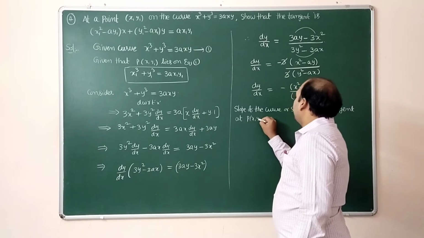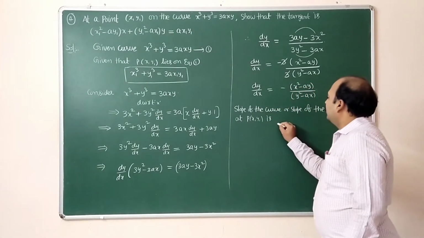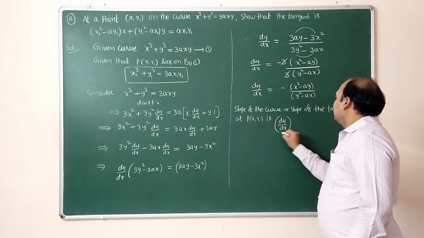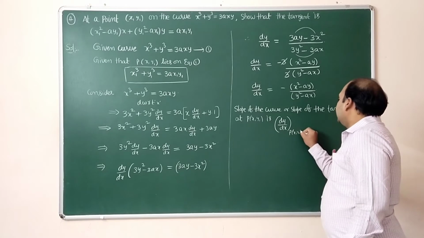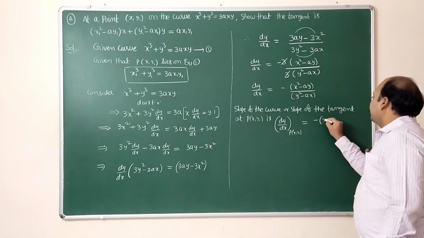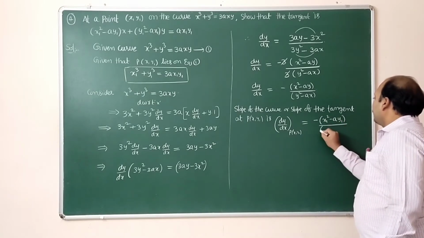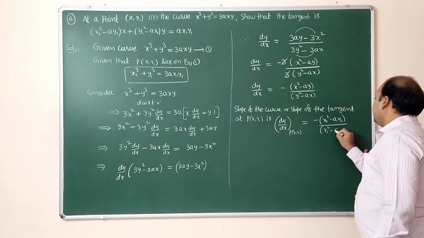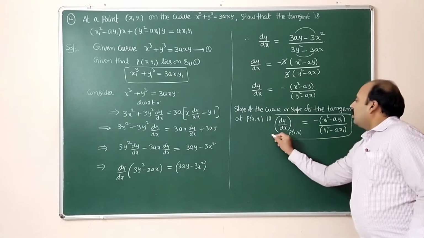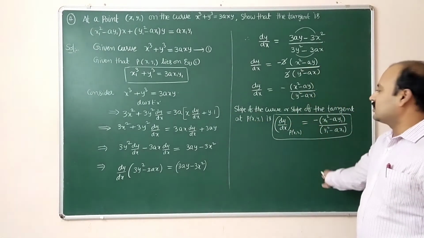Slope of the tangent, or slope of the curve, at P(x1, y1) is dy by dx at P(x1, y1). Wherever x, y is there, you have to replace with x1, y1. So it is minus of (x1 square minus ay1) divided by (y1 square minus ax1). After getting the slope, we know the point (x1, y1) is there, and the slope is also there.